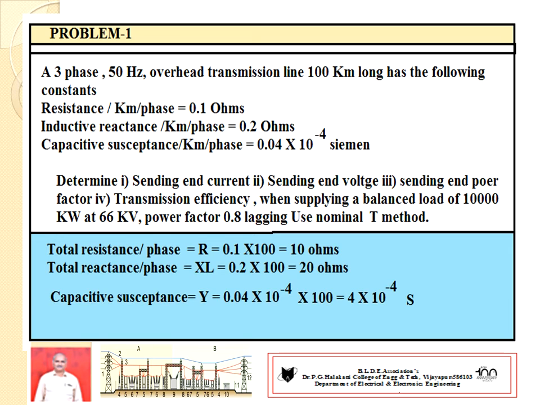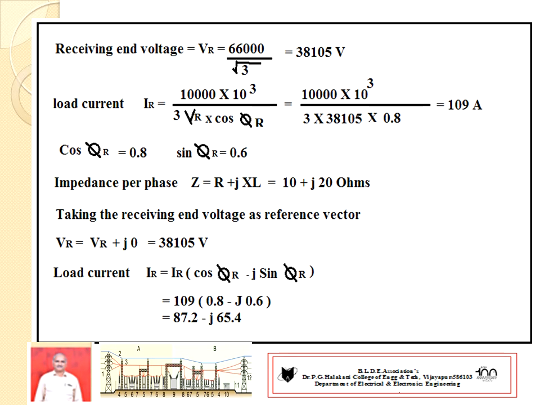So we are getting 10 ohms. Similarly, you calculate all the things just by multiplying the length of the transmission line. Then the given voltage is line voltage, convert it into phase voltage. That we are getting around 38,000.